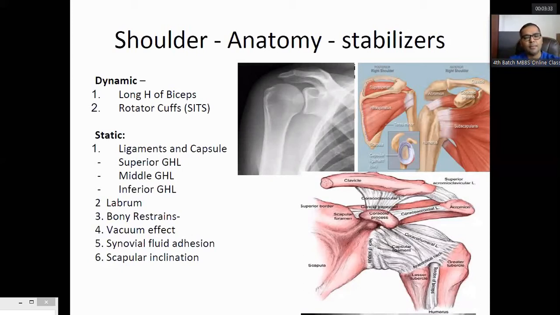The static stabilizers are ligaments and capsules: superior, middle, and inferior glenohumeral ligaments, labrum, bony restraints, vacuum effect of the joint, synovial fluid adhesion, and scapular inclination.